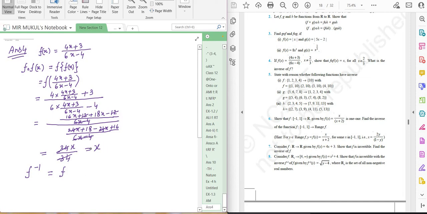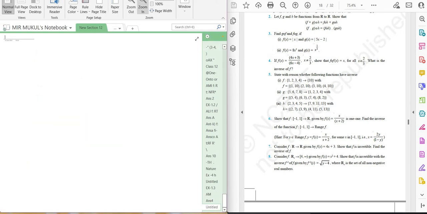If we get f of f(x) equals x, then you can write f inverse equals f directly. Okay, sir. Okay, now next question.